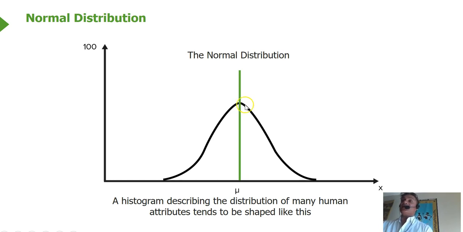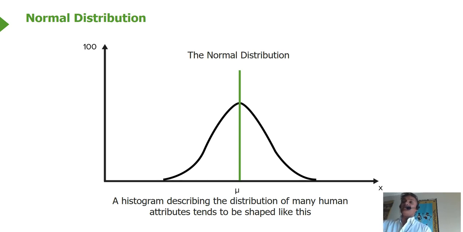A slightly smaller number of people will have higher than average IQ. A slightly smaller number of people have a lower than average IQ. An extraordinarily small number of people will have a very high IQ, and an extraordinarily small number will have a very low IQ. But this is what the majority is. So that's the normal distribution, also called the Gaussian distribution, or the bell curve, right?